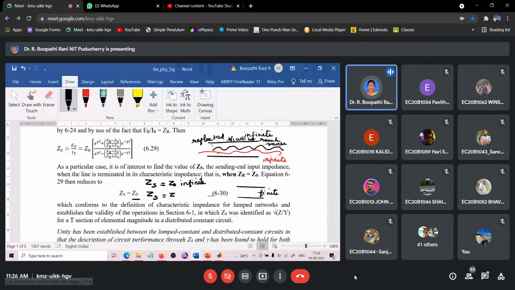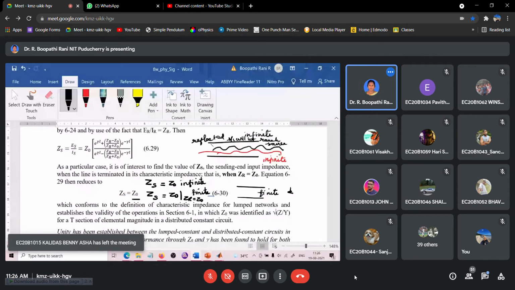So if the finite length of the line is terminated with Z naught, then the line can be considered as of infinite line. Clear? If a finite length transmission line is terminated in its characteristic impedance, that will be equivalent to infinite length line. That way we can realize, because the impedance measured for the line, both the lines are coming same, isn't it?